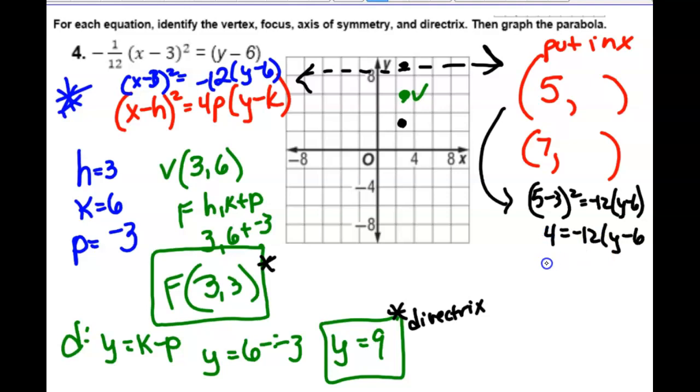Uh-oh. What do we get? Can someone do negative 1/3 plus 6 would be 5 2/3, right? Or 17/3. Did anybody get that? Okay, so it's over 5 and up 5, 2, 4, 6. What am I doing? Oh, 5 2/3.